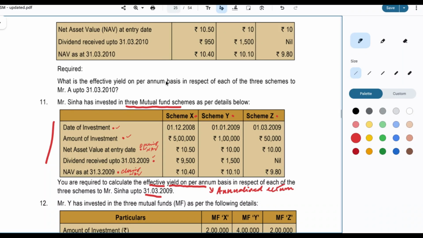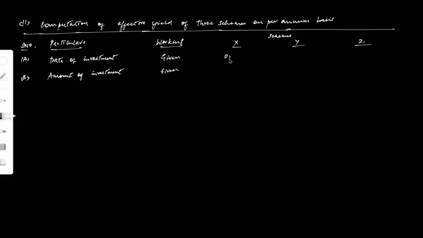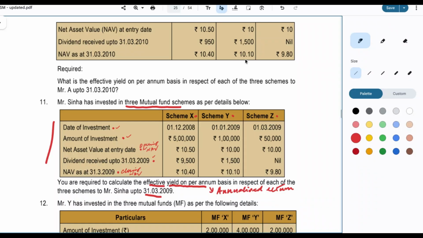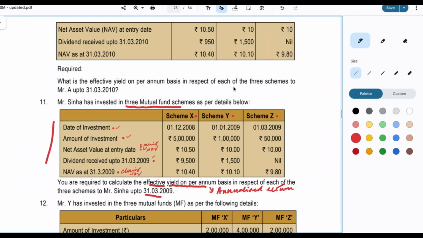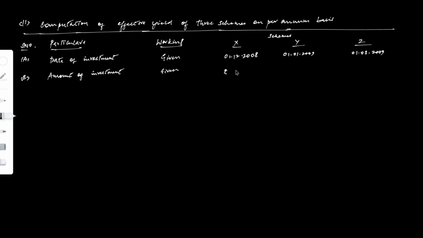Let's take the values. 1/12/2008, 1/1/2009, 1/3/2009, and the amounts of investment: 5 lakh rupees, 1 lakh rupees, 50,000 rupees.